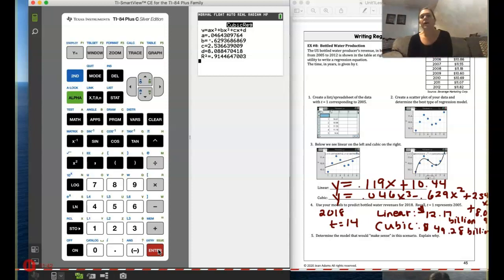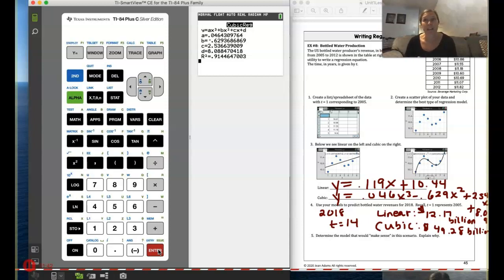Okay, so which one would make the most sense in this scenario? Now again, the scatter plot's looking pretty cubic. It seems to be matching that pattern if you look at her actual graphs with the lines in there. But if we think about the actual problem, it's talking about U.S. bottled water production. I would not assume that the growth of water bottles grows exponentially fast.